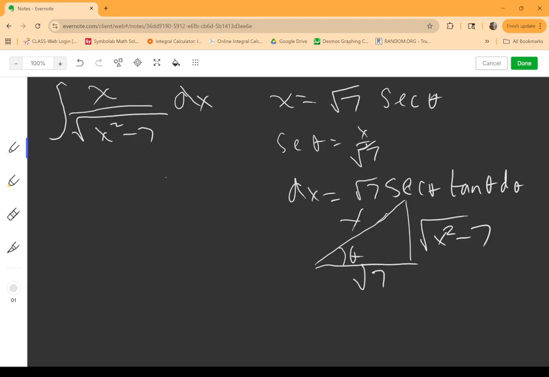Okay, so now let's set up our integral. Let's do our initial substitution here.